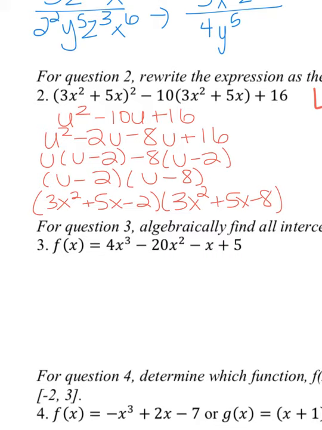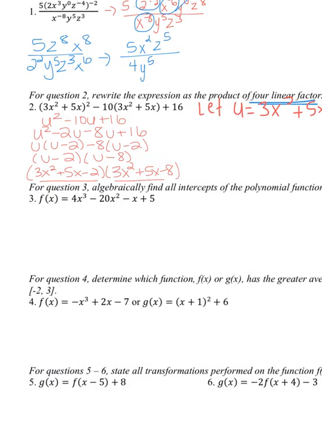This still, though, is not my 4 linear factors, so I have to factor this further and this further, both using master product. So when I factor 3x squared plus 5x minus 2, I'm not going to go through it again. I'm just going to tell you what your answer would be, but again, you're getting there from doing master product.